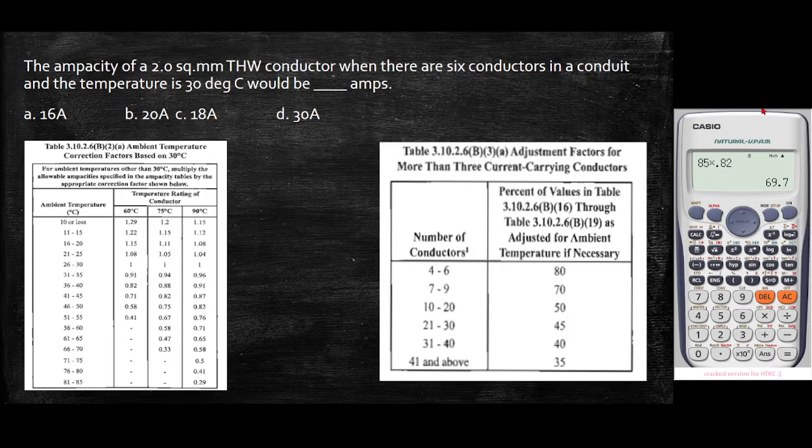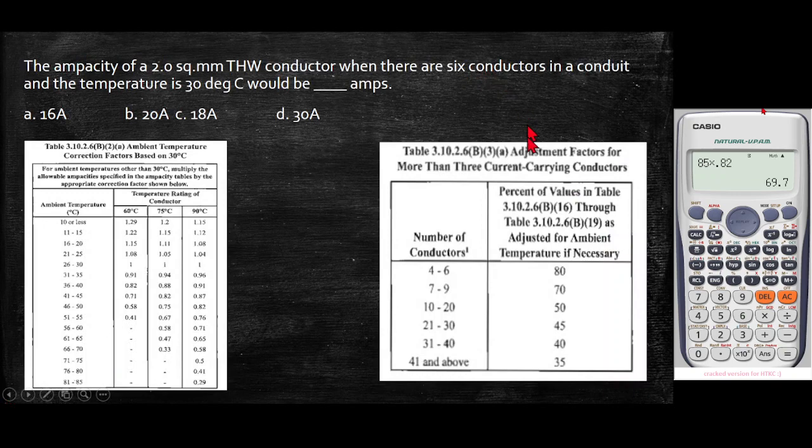Okay? Yan. Ang kanyang ampacity is 20 amperes. Okay. 2.0 THW.